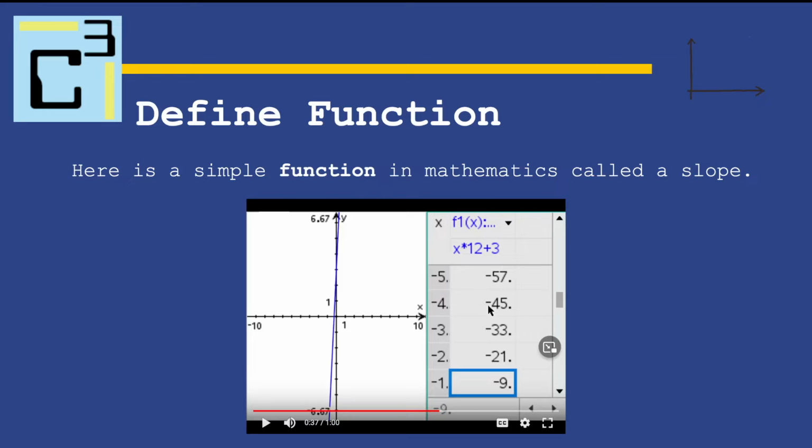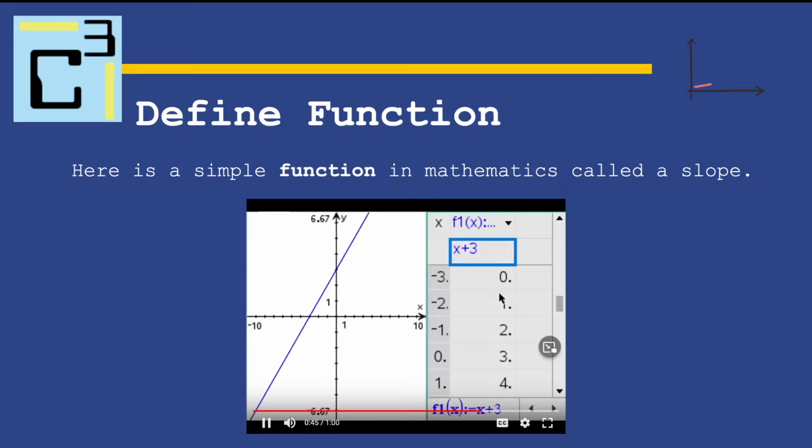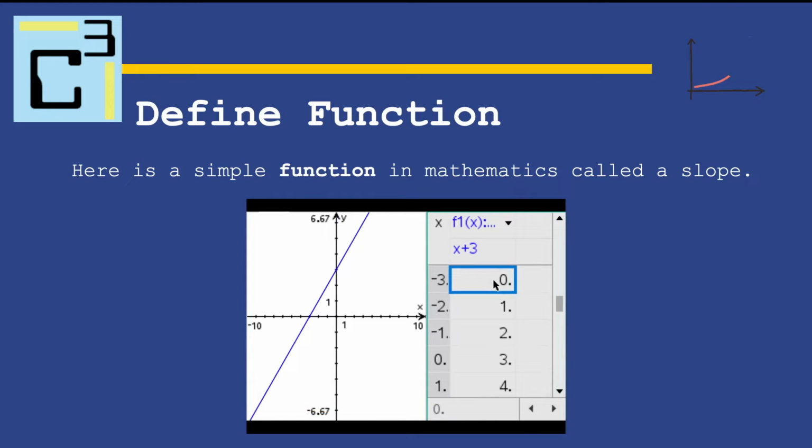And you can see that all changes as the x values change. So the output is this y value, and the input would be this x value. And that's basically all a function is in mathematics, a relation of numbers. And in terms of x and y, you can see this corresponds to something on a graph.